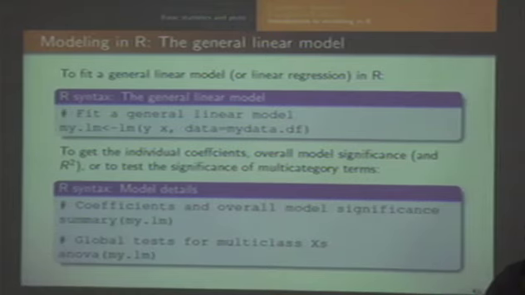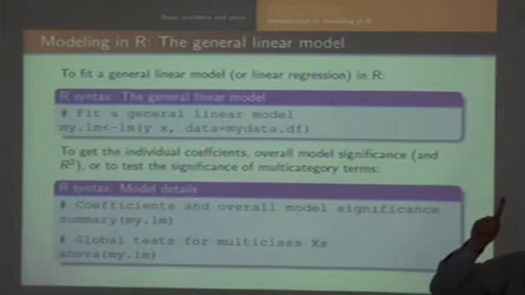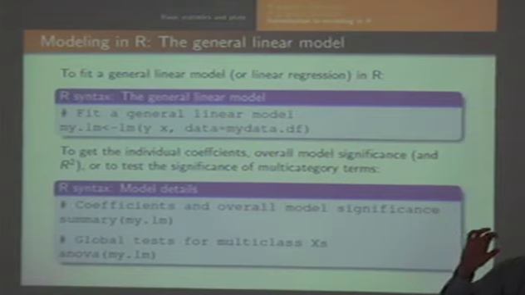Now the summary will give me the betas, and it will give me the overall model significance and R squared. To actually look at the omnibus tests associated with multiple category variables, so for example BMI class, which might have 3 classes, I can't just look at the individual betas. That gives me the significance of the individual levels.